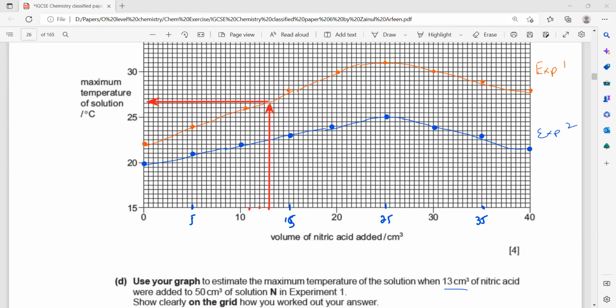Say this is 26.5. So we'll write 26.5 degrees as the maximum temperature, or 27 might be there depending on the graph. So you have to show this on your graph.